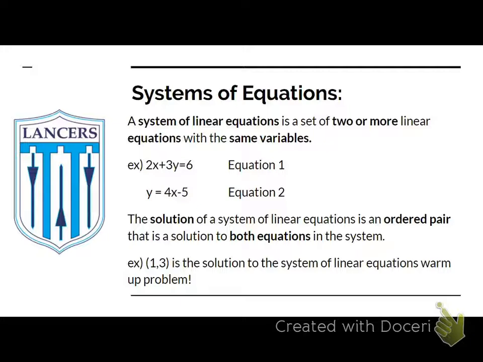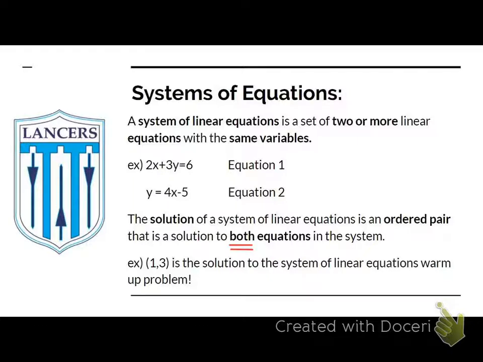The solution of a system of linear equations is an ordered pair, or a coordinate point, that is a solution to both equations in the system. It has to work for both of them at the same time. For example, (1, 3) is the solution to the system of linear equations warm-up problem.